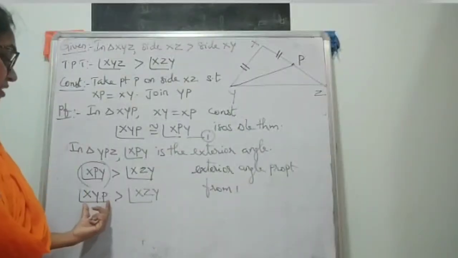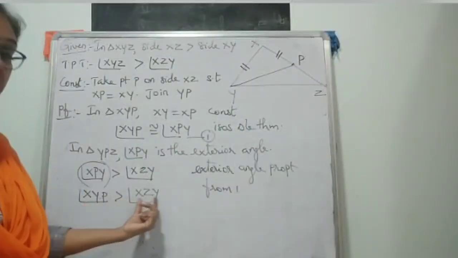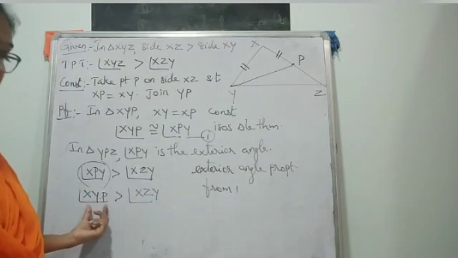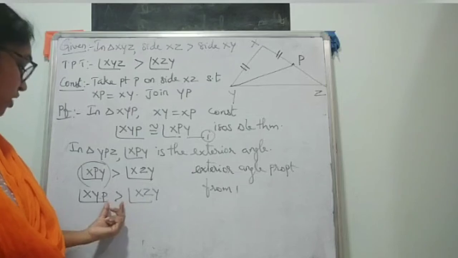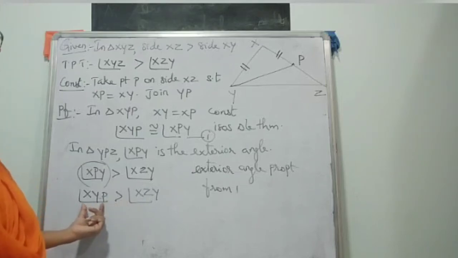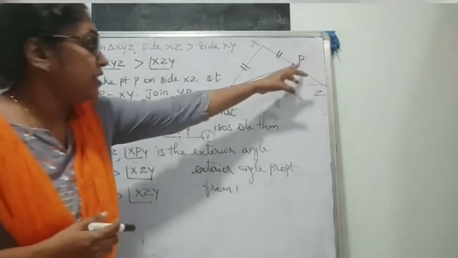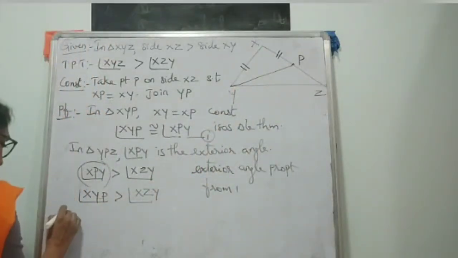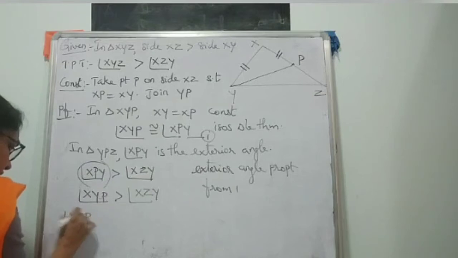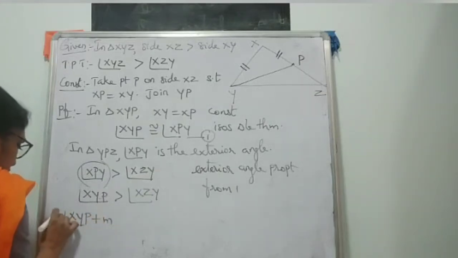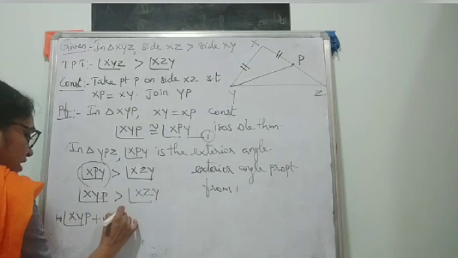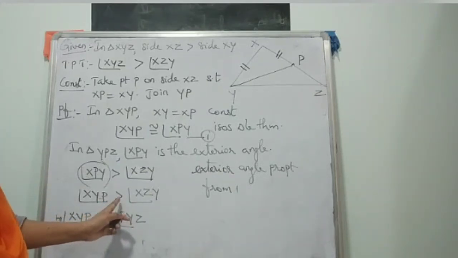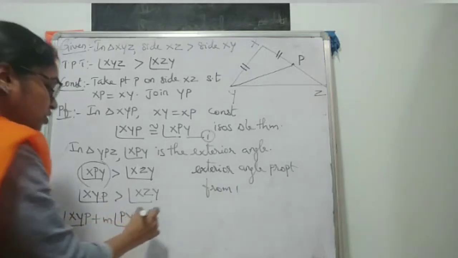Now we can see that the left hand side of the equation is greater than the right hand side. So if I add a positive constant over here, the sign will remain the same. Next, I am adding a positive constant, that is, I am adding angle PYZ to the left hand side. Along with angle XYP, I am adding angle PYZ to the left hand side, and the sign will remain as it is because you are adding a positive constant.